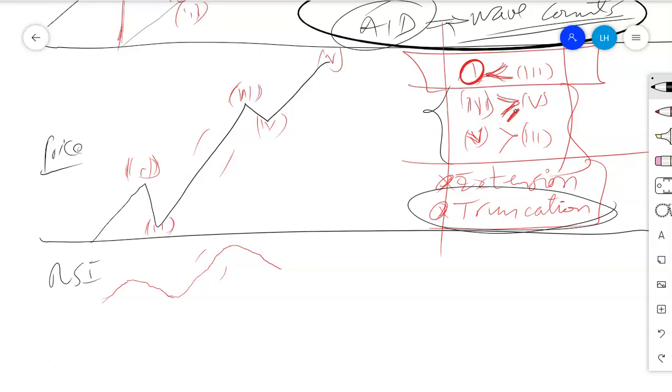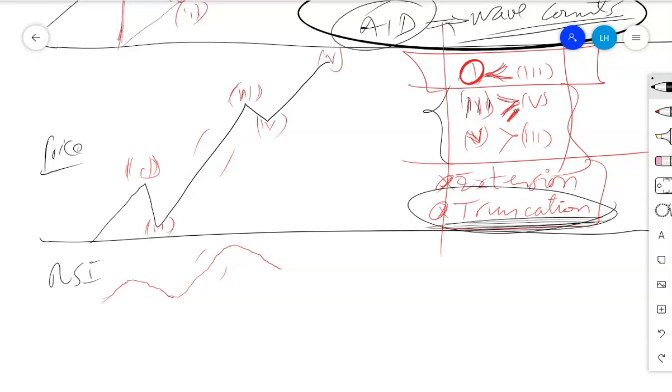When the third wave has an equal volume with the fifth, or when the third wave has got greater volume than the fifth, it is when we expect what we call a truncation. In those two conditions we expect truncation.